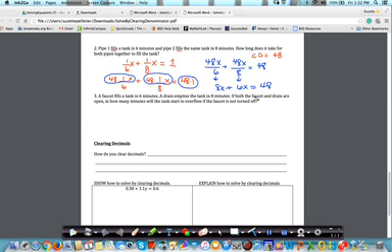Add the 8x and the 6x together to get 14x equals 48, and then divide by 14.